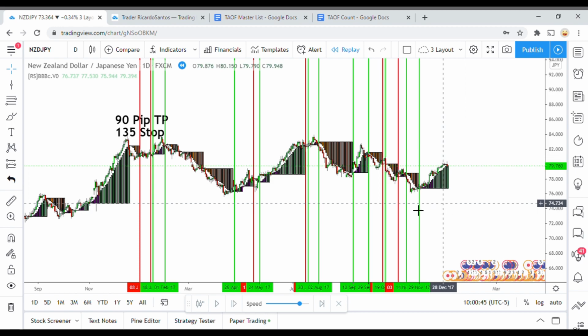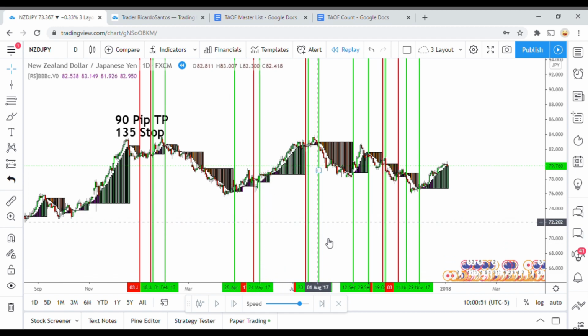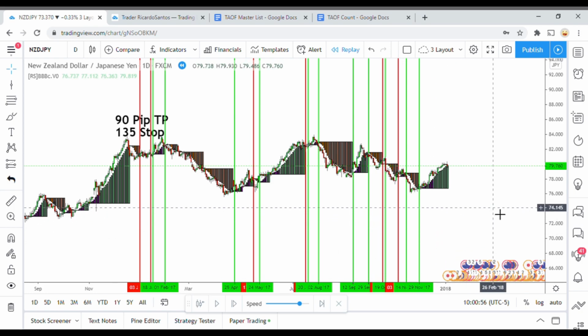So 17 trades all together, and we have 1, 2, 3, 4, 5, 6, 7, 8, 9, 10, and 11. 11 winning trades. So it just barely edged out that 60% win, but it got there nonetheless. Again, a very interesting indicator.